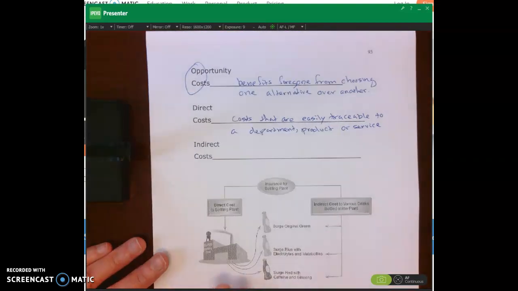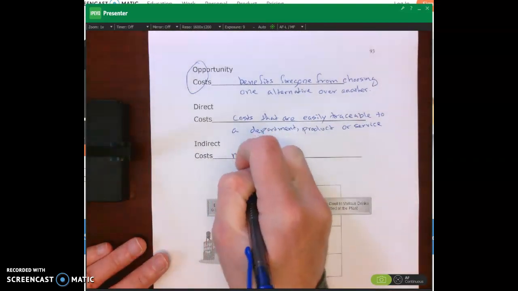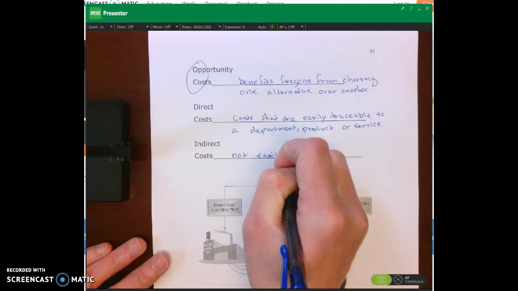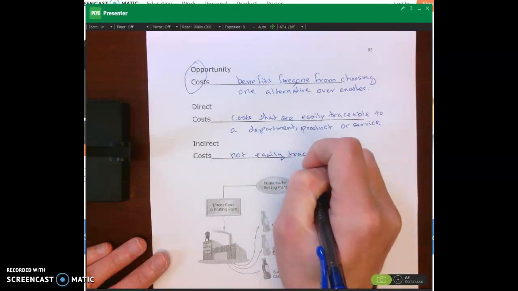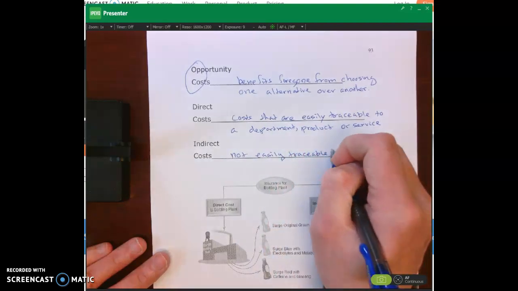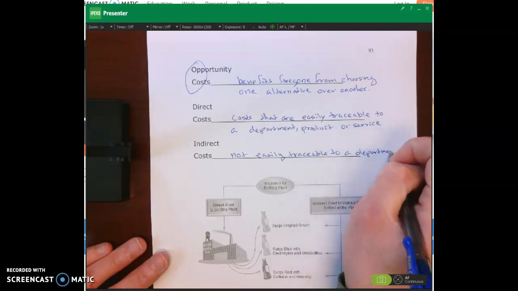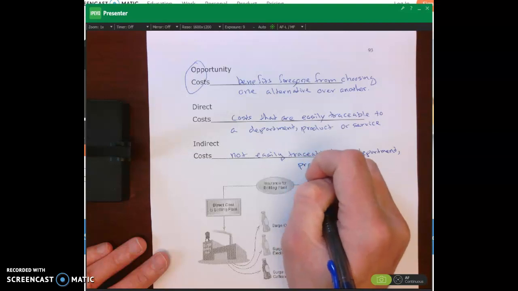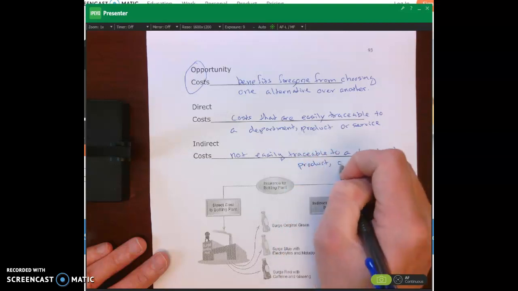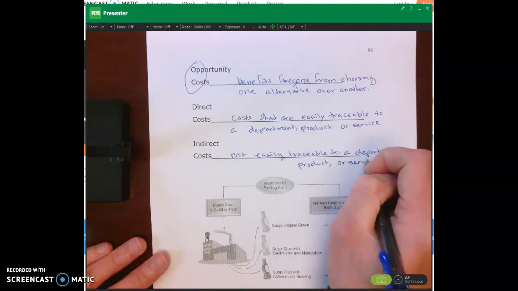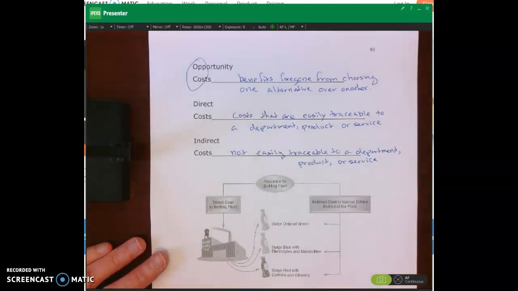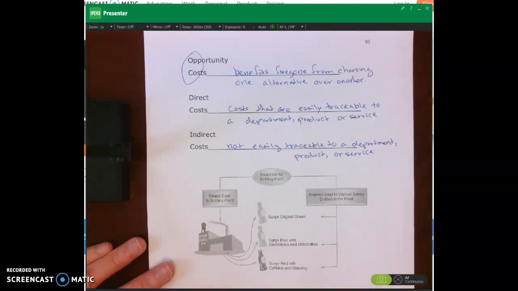Indirect costs, on the other hand, are not easily traceable to a department, product, or service. Okay?